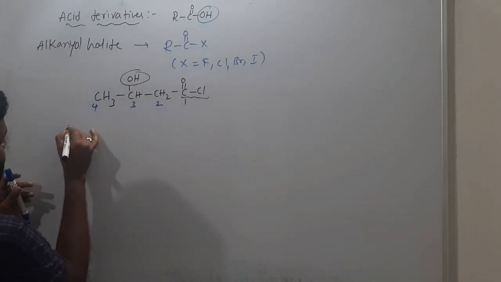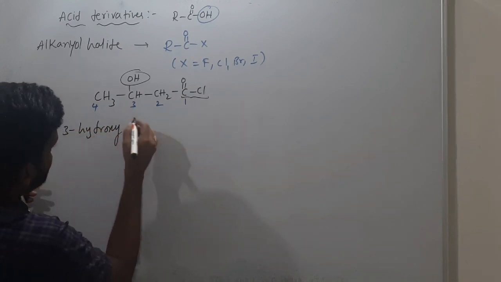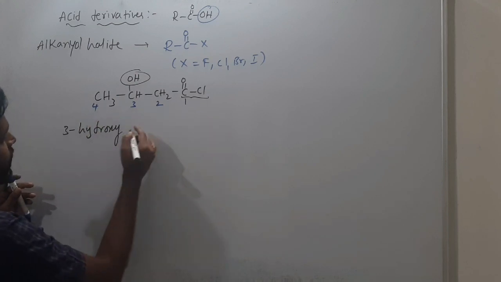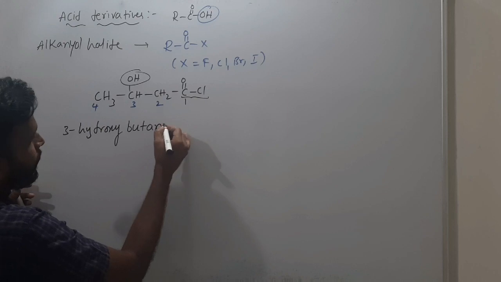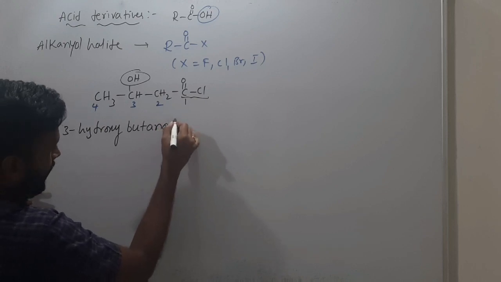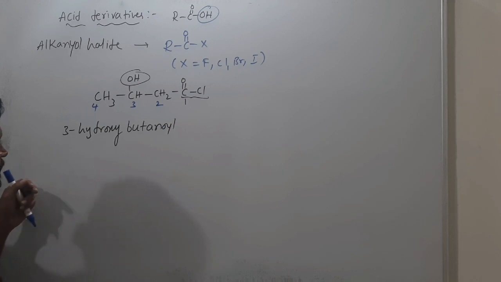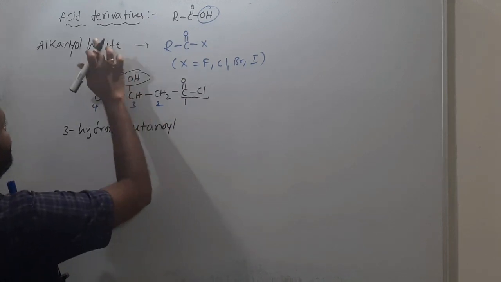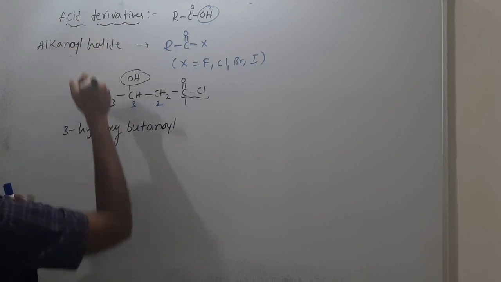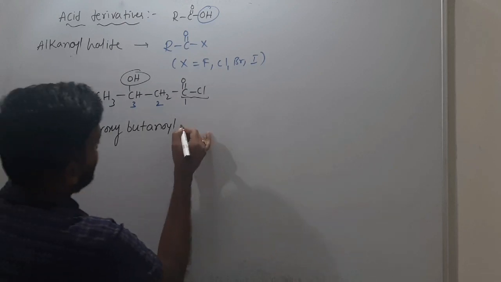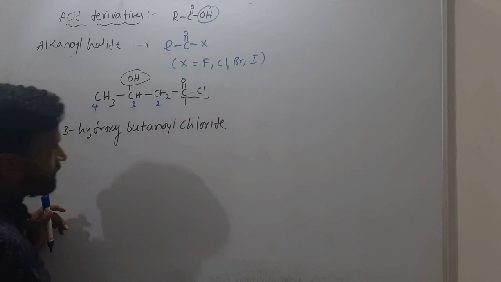So what you can write here, 3-hydroxy, how many carbons total? 4. So butanoyl, okay, oyl, butanoyl. So butanoyl chloride here, like this.